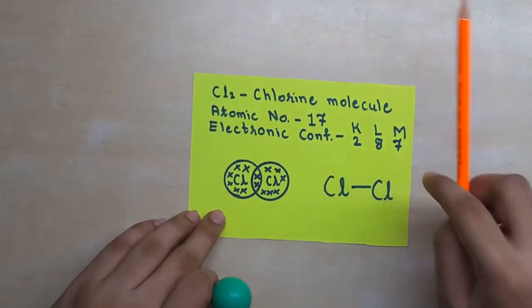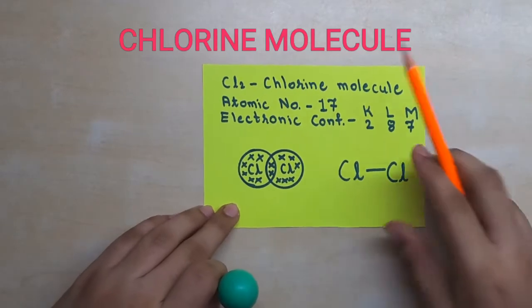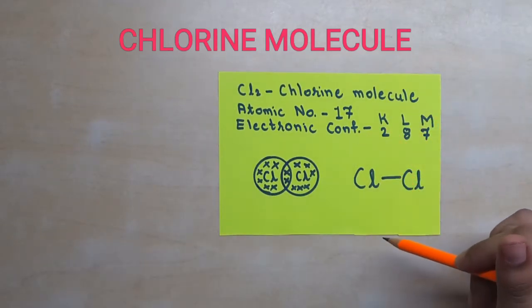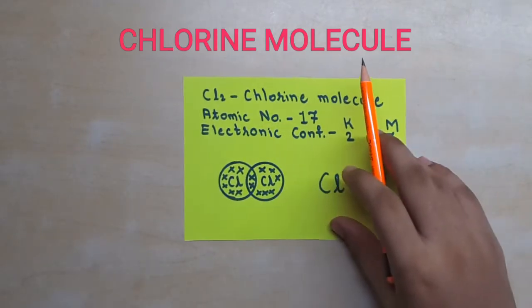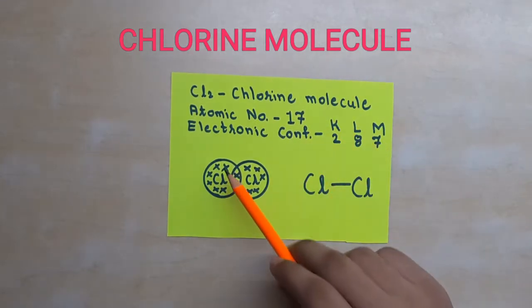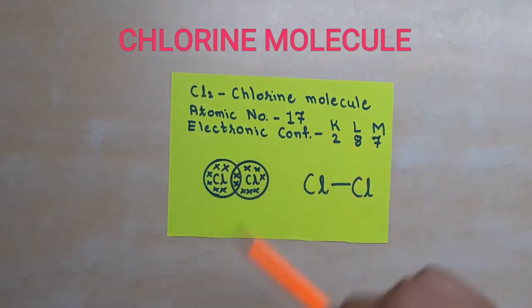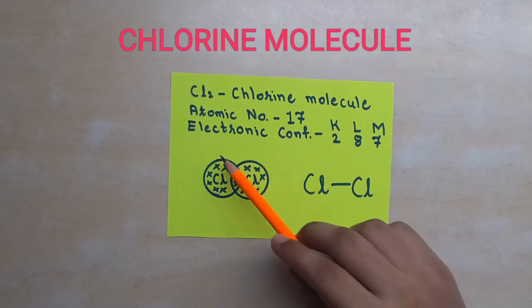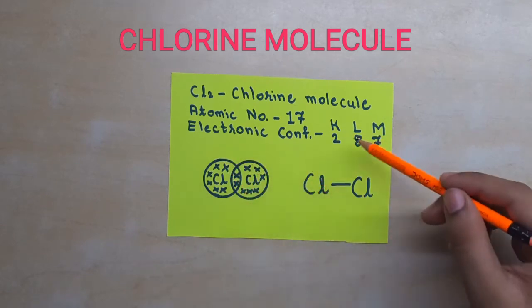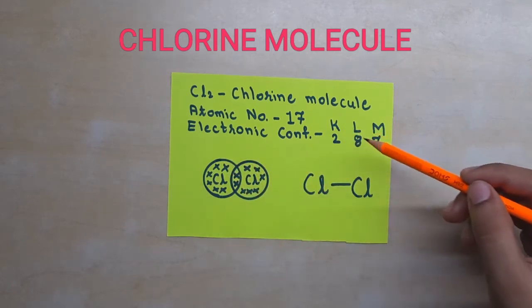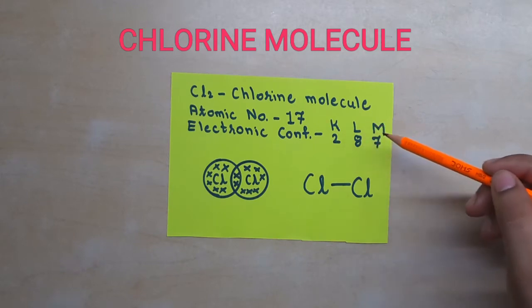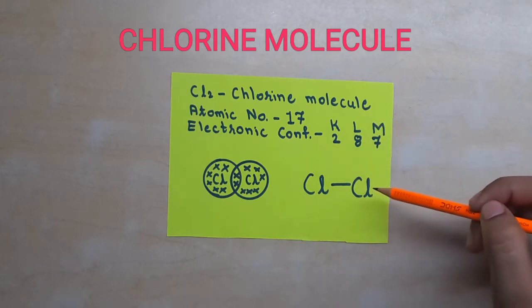Now, let us see the formation of chlorine molecule, Cl2. Atomic number of chlorine is 17. Its electronic configuration is 2 electrons in K shell, 8 electrons in L shell and 7 electrons in M shell.